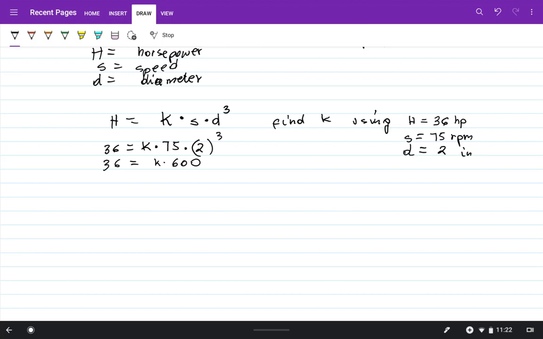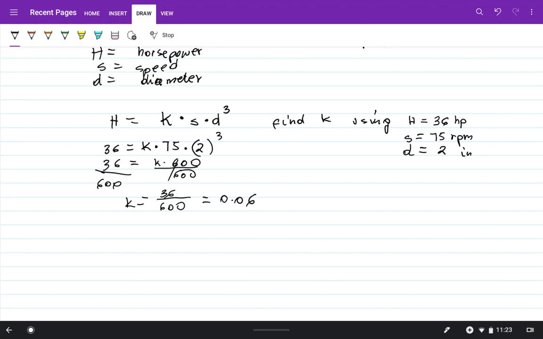And now to find K, we're just dividing each by 600. And we have K, it's equal 36 divided by 600, which is, let me just change that to decimal, 0.06.